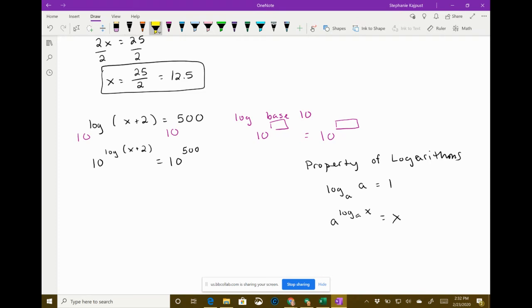So if you have something with a log in the exponent and they have the same base, they essentially cancel out. So what happens here is if you have a log and then you raise it to the 10, that part cancels. And you're left with x plus 2 equals 10 to the 500.